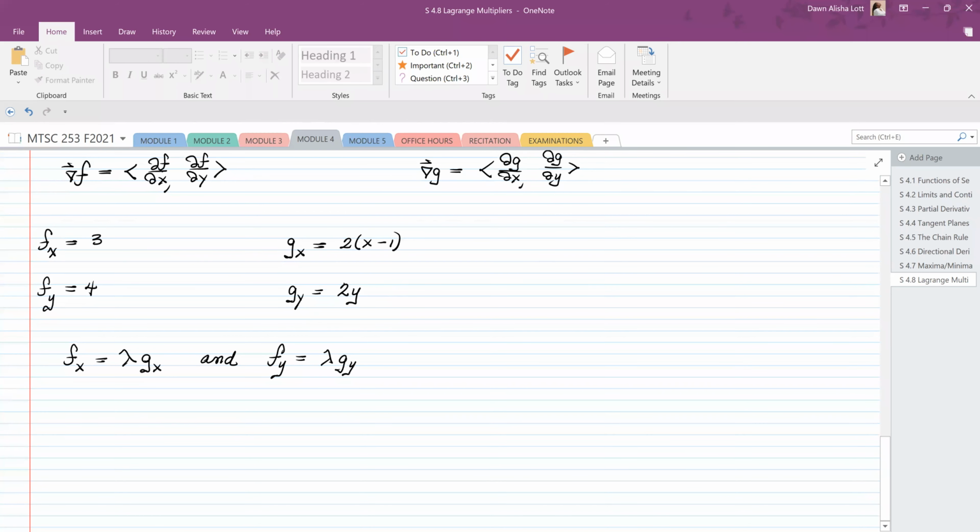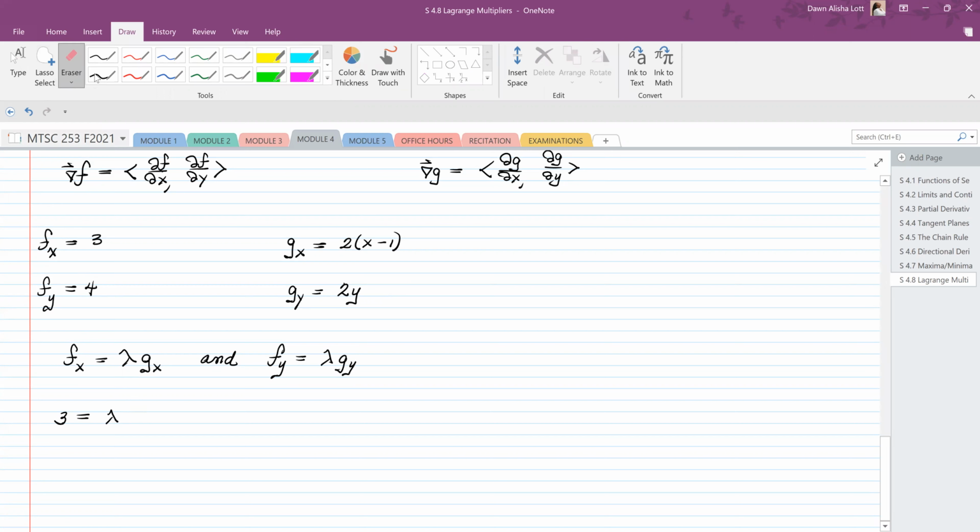So that says 3 is equal to lambda times 2 times x minus 1. And my other equation is 4 is equal to lambda times 2y. Now here's the thing. Sometimes you will solve for lambda, sometimes you won't. This one, I think it's easiest if I solve for lambda.